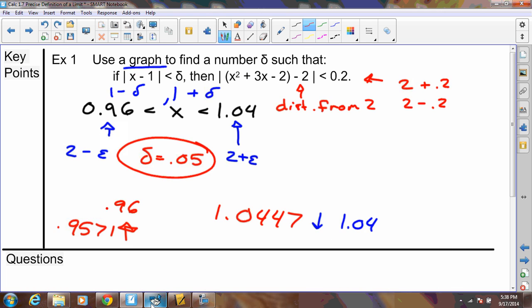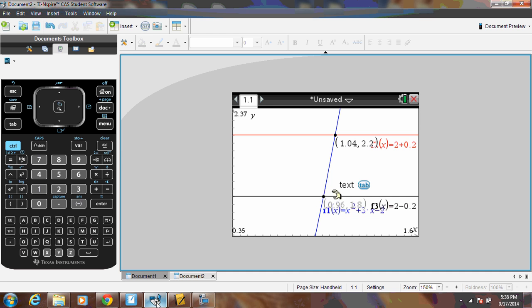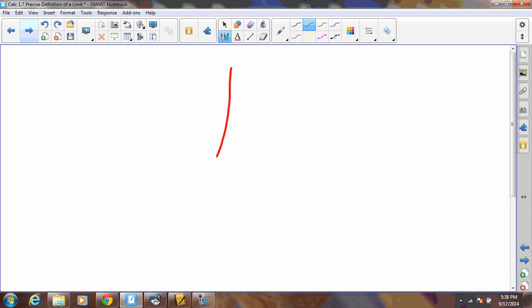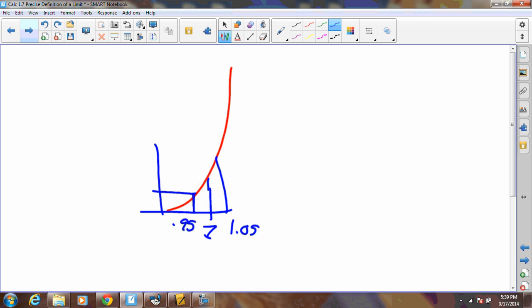This is telling us on this particular graph, if I take any value, because my graph is looking like this. Here's 1. If I pick anything from 0.95 up to 1.05 and then come over to the y-axis, well, we know this one's at 2.